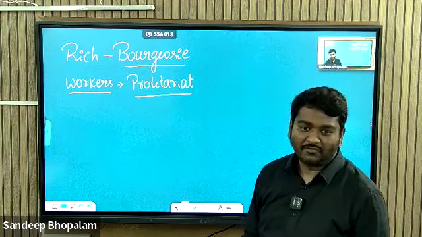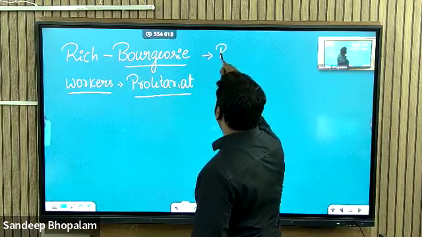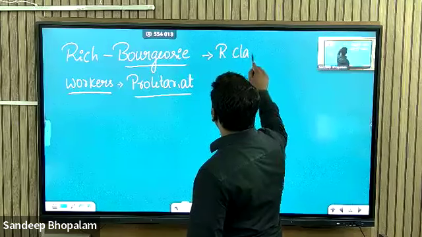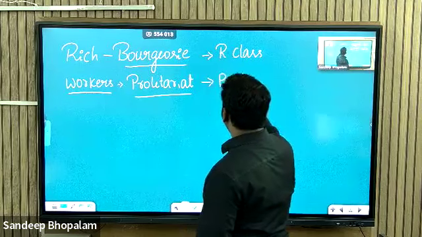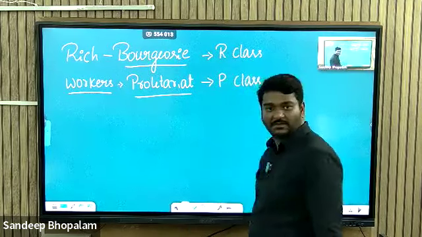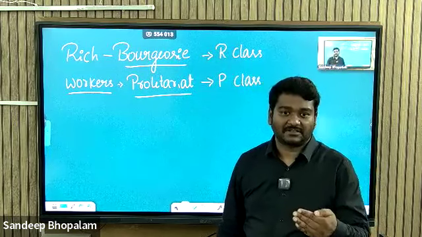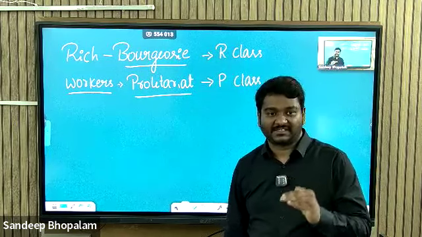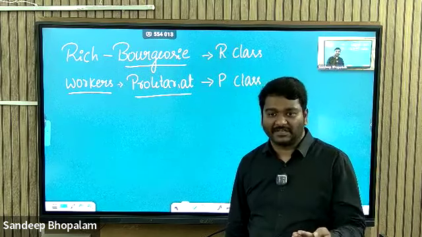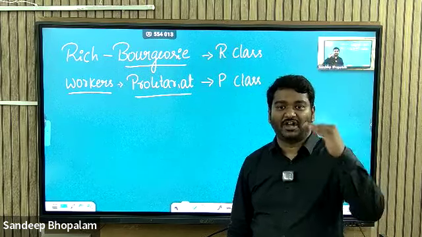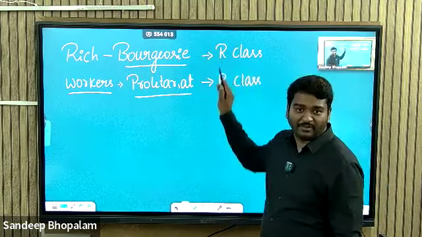Now you see, this is the rich class. This is the poor class. So we say class. In India, it is caste. Whenever you hear the term class, it is rich and poor, so it is on the basis of economy.